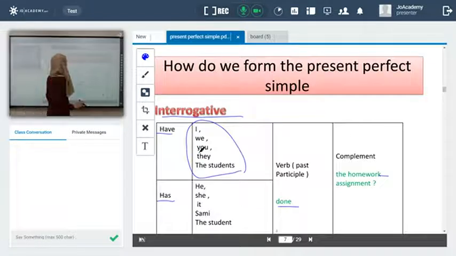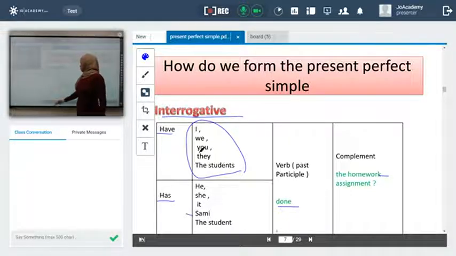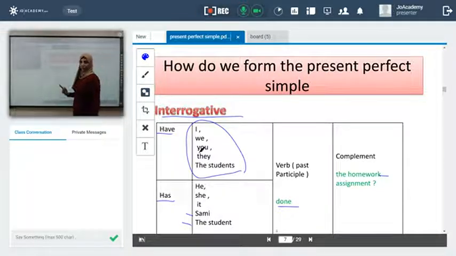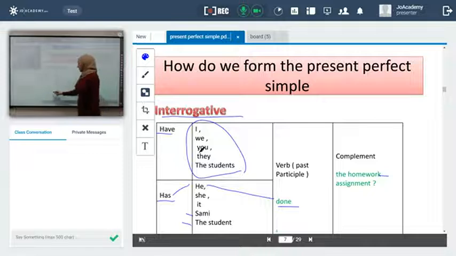Okay. What about the third person singular pronouns and names of people, proper nouns in the singular form? We use with them has, not have. So how do we form a question? Let's form it together. Has he done the homework assignment? Has she done the homework assignment?